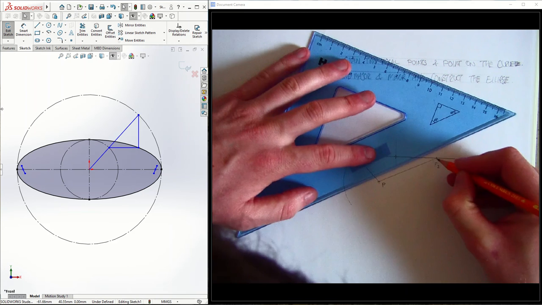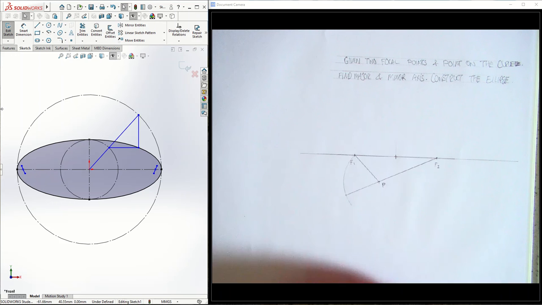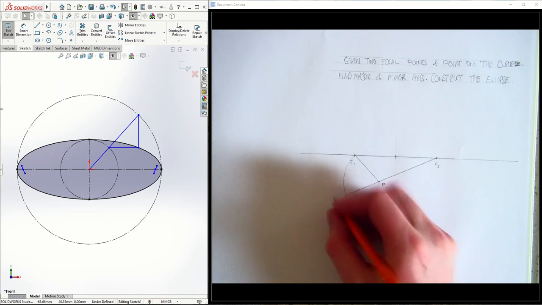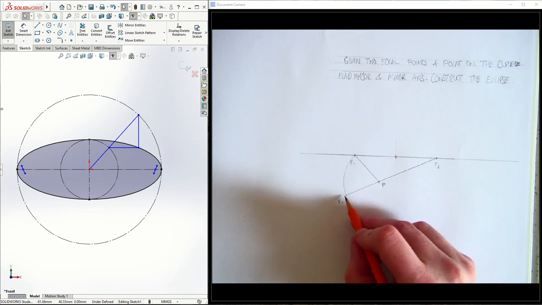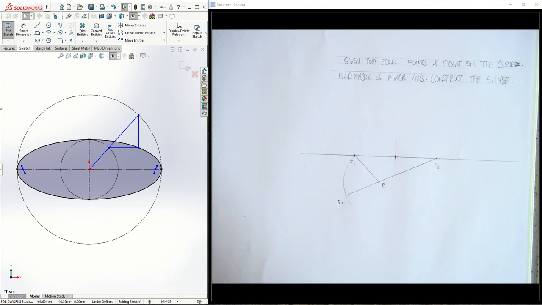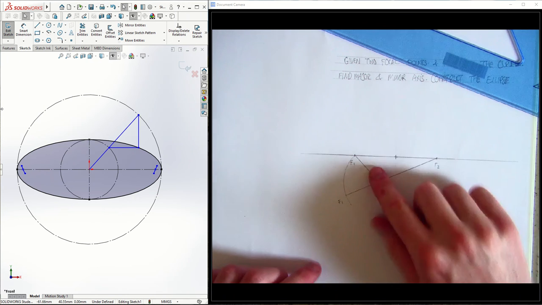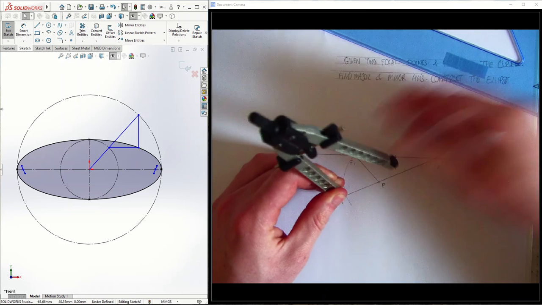So if I bring F1 around, rotating it around P, I'm just rotating this point around to here, that's giving me F1. So F1, P, F2, and this line here is equal to my major axis. Now, how do I get that up here? I know I have to bisect my major axis, so I'm going to bisect that line.